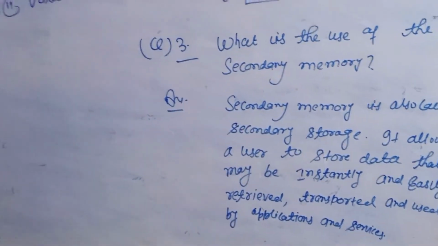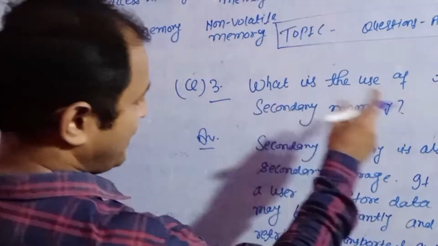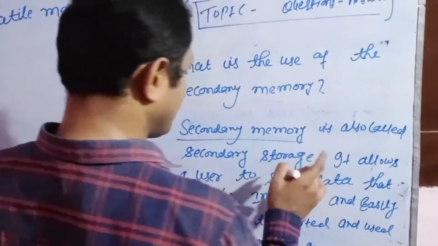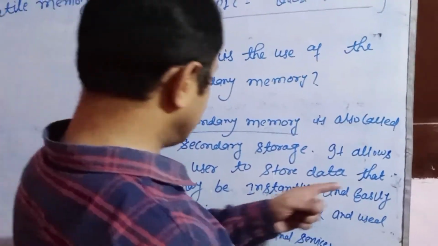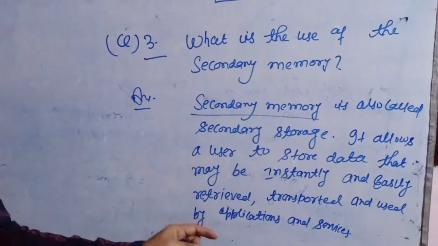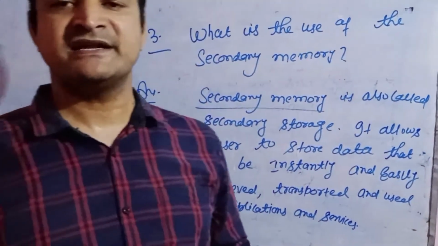This is the third answer. What is the use of secondary memory? I have already discussed, secondary storage allows the user to store data that may be instantly and easily retrieved, transported and used by applications and services.